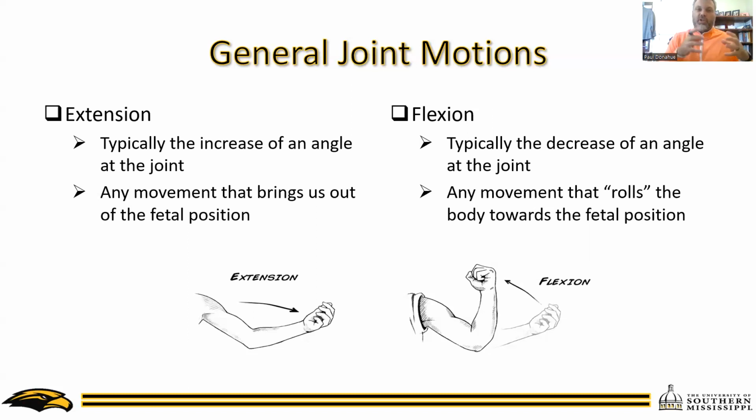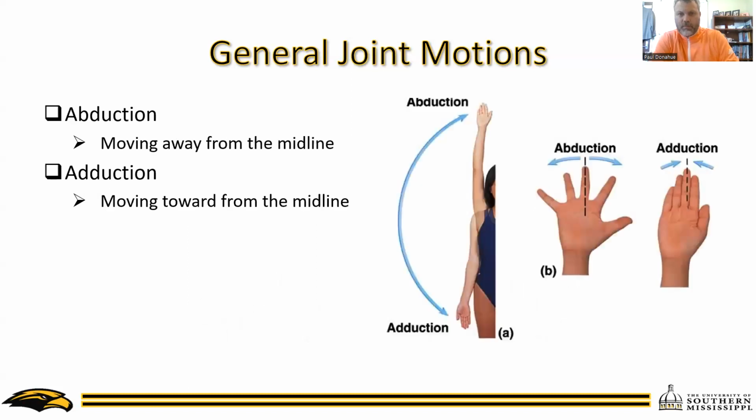In the terms of human movement, we're talking about joint position based on where we're starting in that reference position. So it's not about getting longer. It's about the angle itself. Did it get bigger or did it get smaller? And again, that in and out of the fetal position.